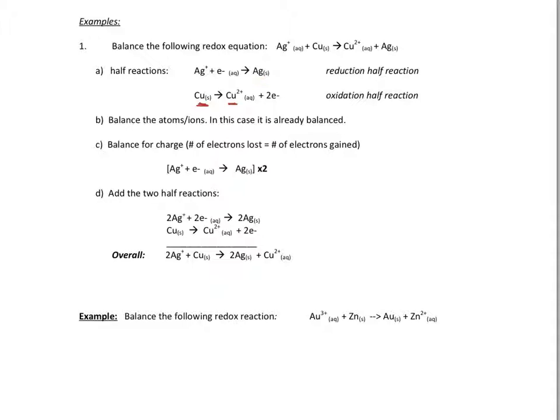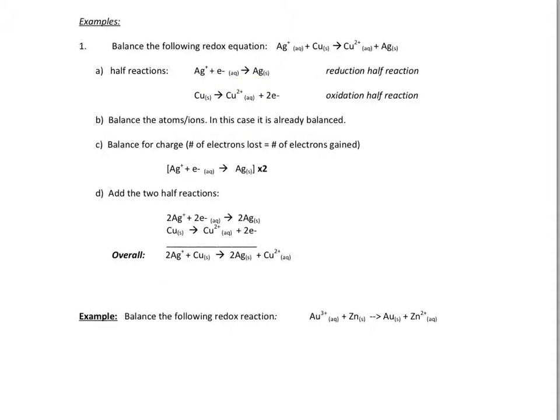Then, for the second half reaction, on the reactant side, we have an overall charge of 0, and on the product side, we have an overall charge of 2+. We add electrons to the higher number, so that would be to the product side, and 2 minus 2 makes 0, so we need to add 2 electrons in this case.